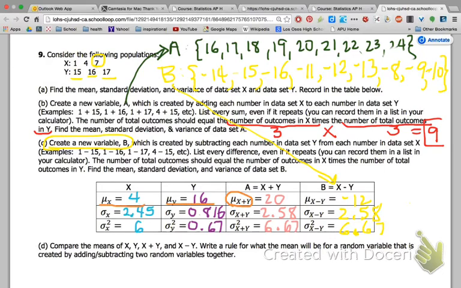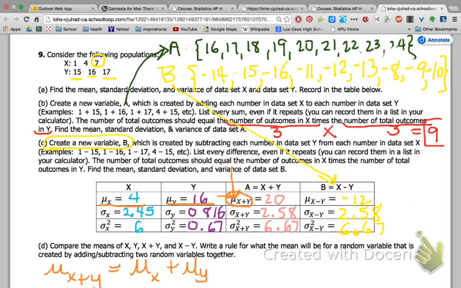And hopefully what you said is, well, if you add them together, you of course get this one over here. And so what that leads me to believe is the mean of the sum is equal to the sum of the individual means. So this one here is equal to the other two individually.